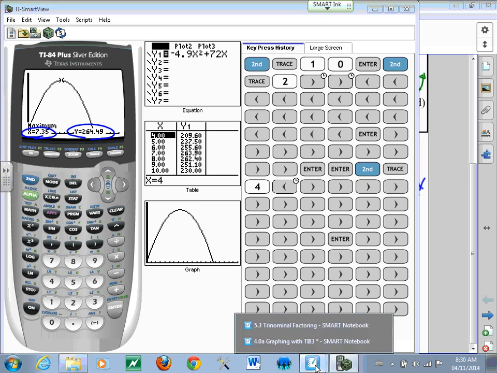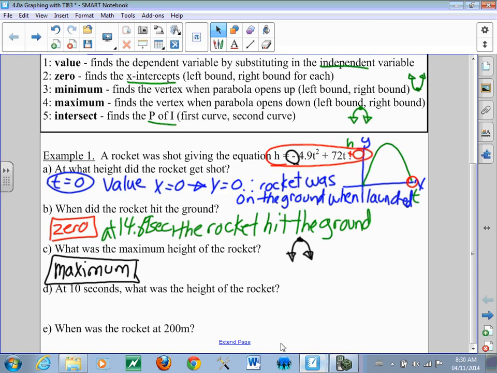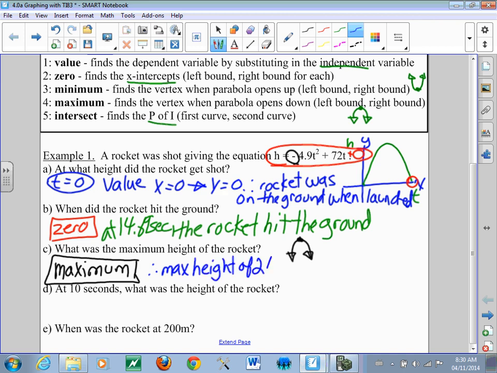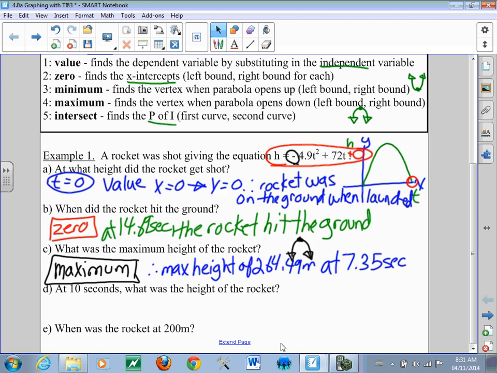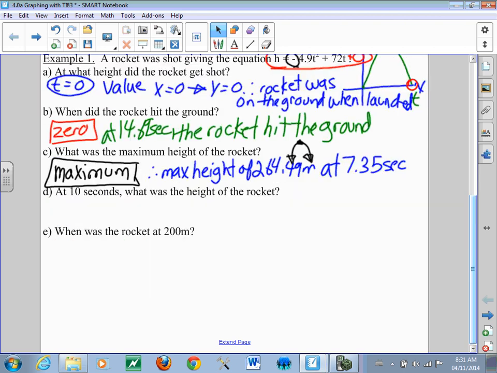So we're going to go back to our lesson and say, therefore, max height of 264.49 meters at 7.35 seconds. Okay, and that's one of the important parts of a quadratic, the minimum or maximum value, or the vertex value.